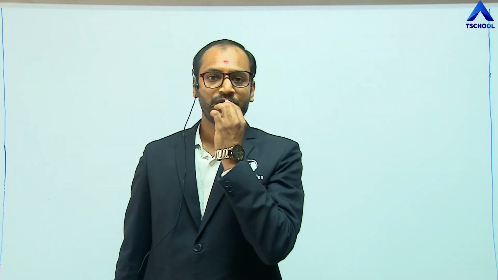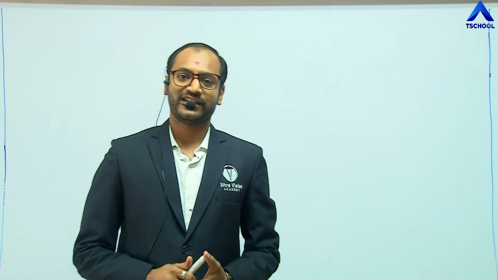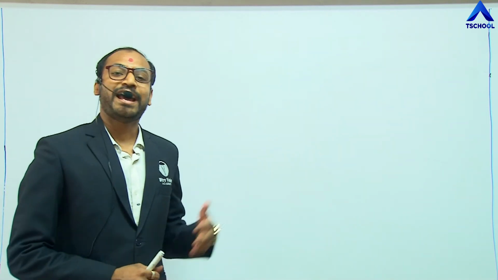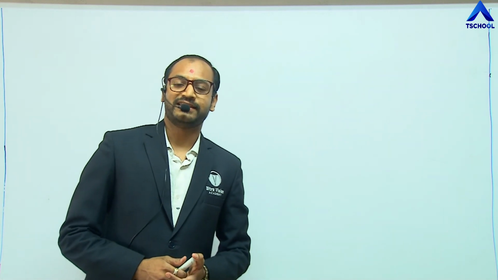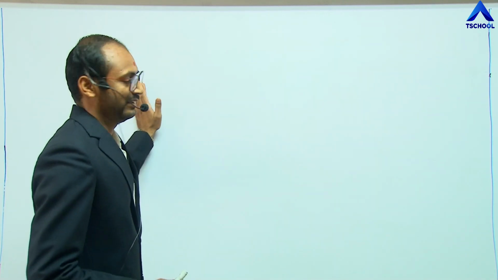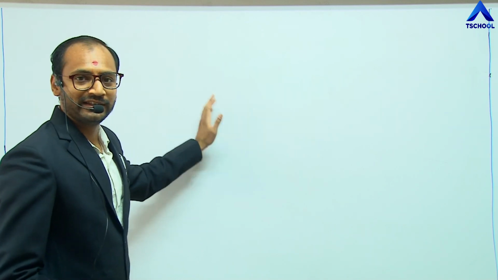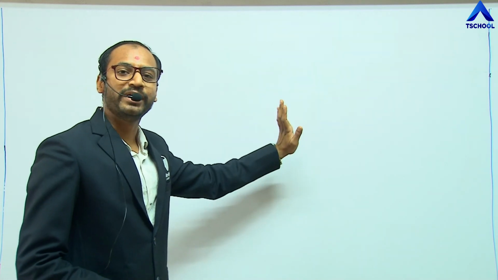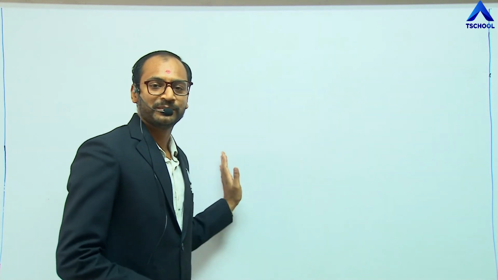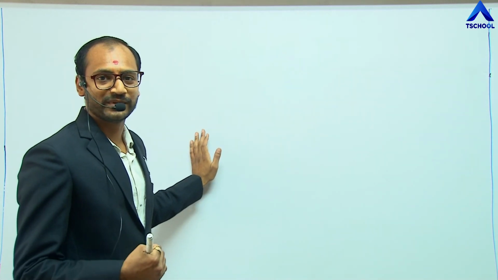So today we discussed the rational numbers in between any two rational numbers. The process is taking the denominator the same and taking the series of numerators. From the series of numerators, we can get the rational numbers.